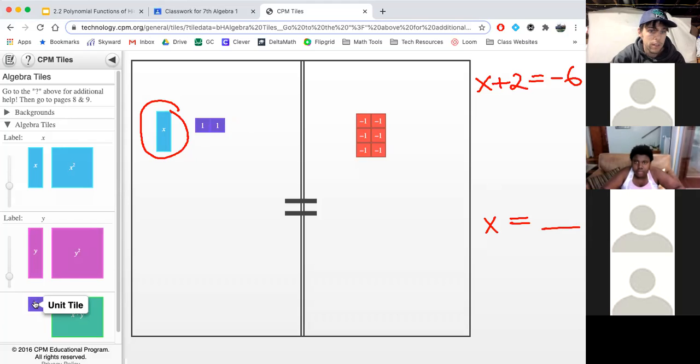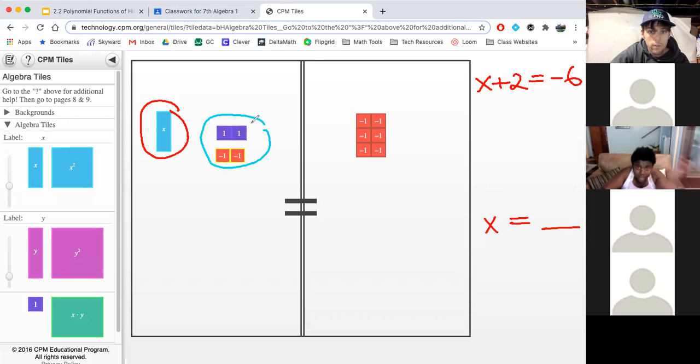So I need to put 2 more tiles here, but not positive tiles. I need to put them as negative tiles. That way they will cancel out, right? Because a positive 2 and a negative 2 together make 0. So these will cancel out, and that's the same thing as subtracting 2 on our equation here.